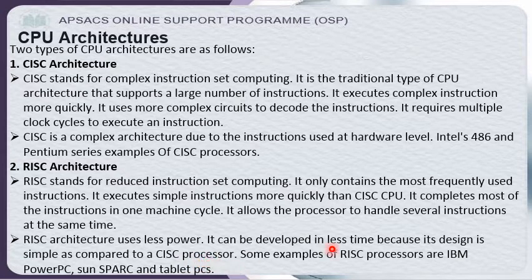Some examples of RISC processors are IBM PowerPC, Sun SPARC, and tablet PCs. So tablet PCs and the latest PCs use a RISC architecture. That is the architecture of what? The architecture of your CPU or microprocessor.